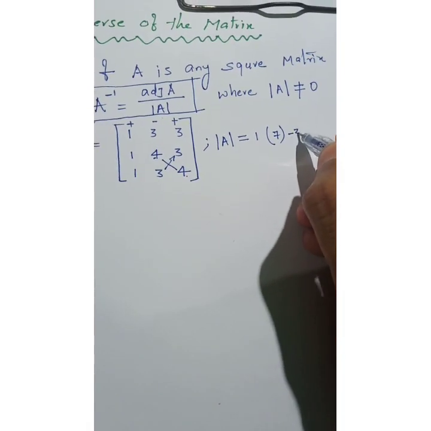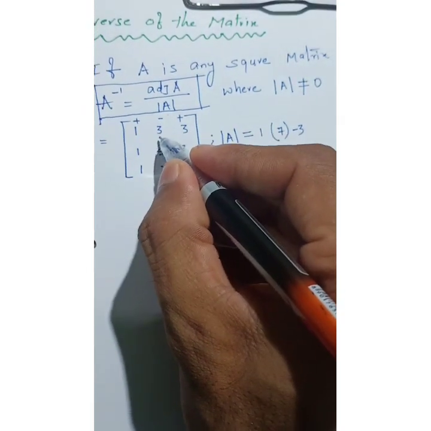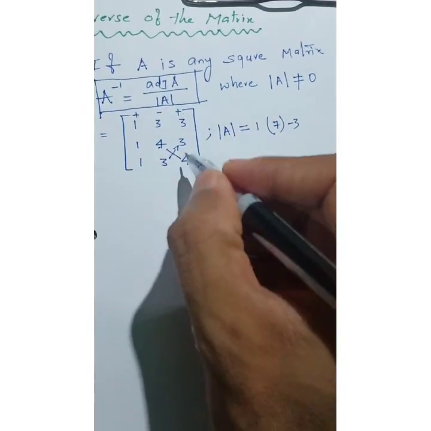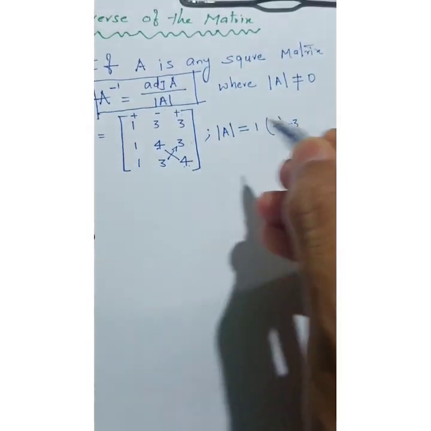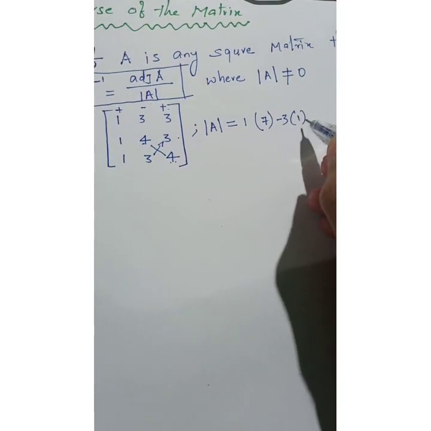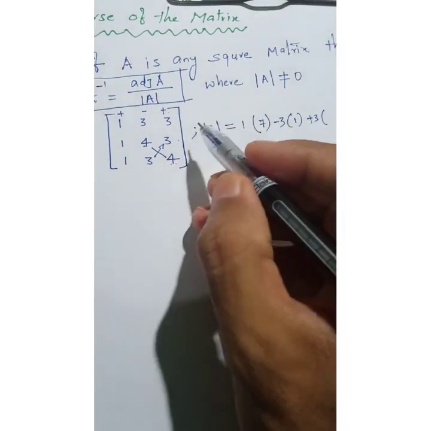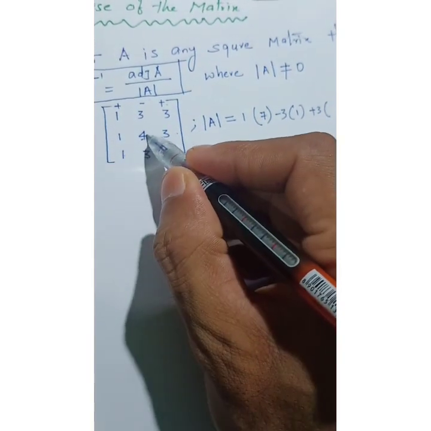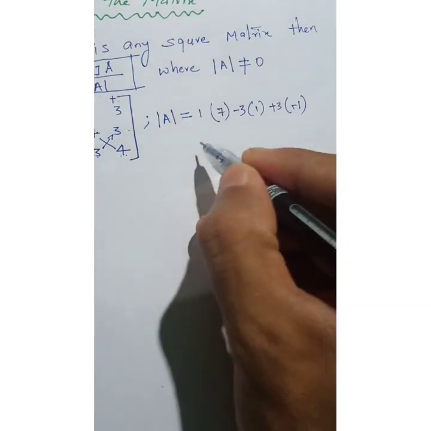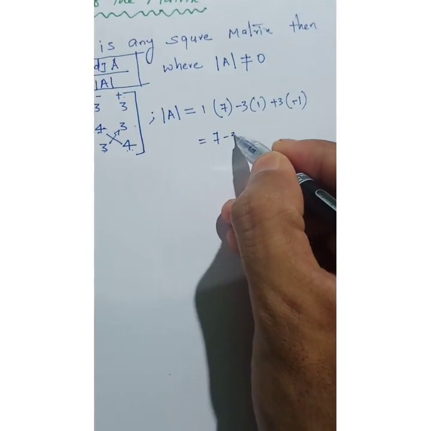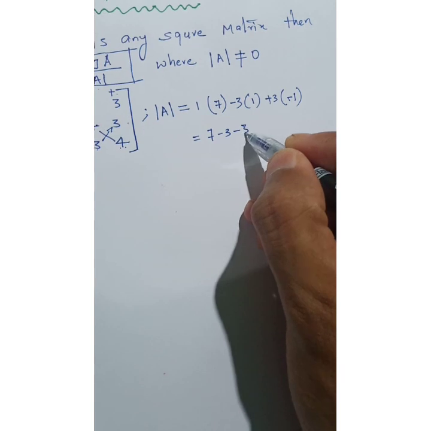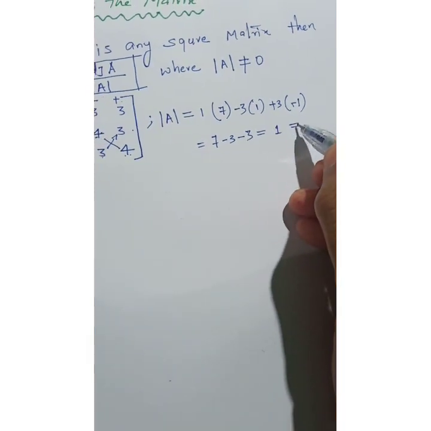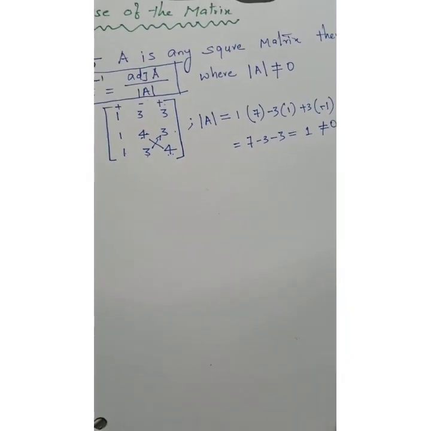Then minus 3, again ignoring this column and this row, we write 4 minus 3, which is 1. Then plus 3, ignoring this column and this row, 3 minus 4 is minus 1. So that gives you 7 minus 3, that is nothing but 1, which is not equal to 0. That means the inverse of the matrix exists.